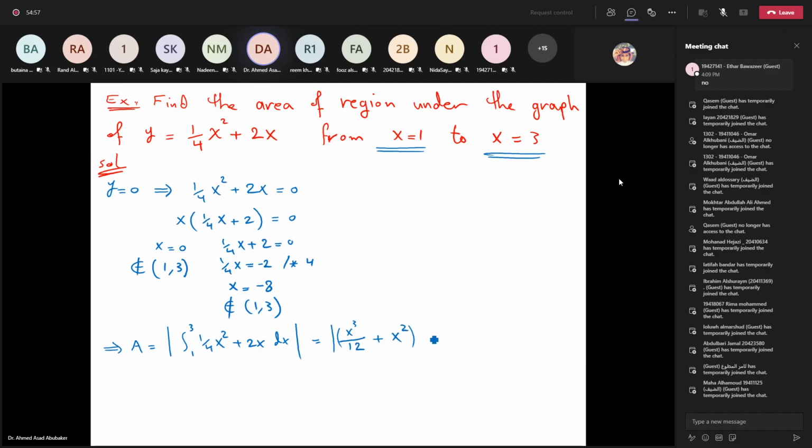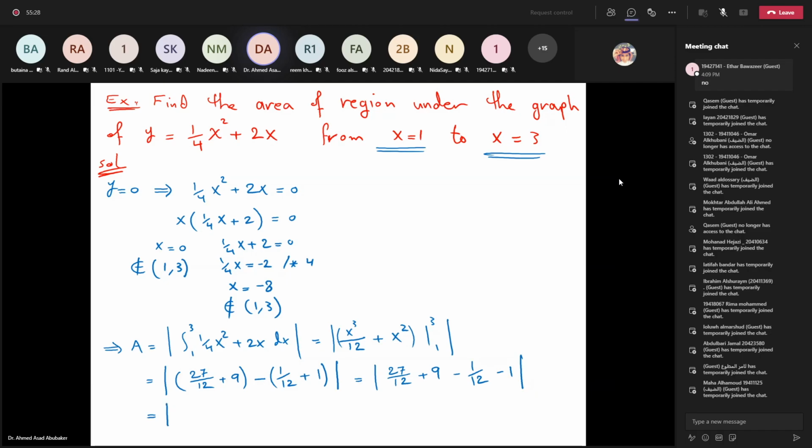Now substitute 3 and 1. Substituting 3, we have 27 over 12 plus 9. Substituting 1, we have 1 over 12 plus 1.